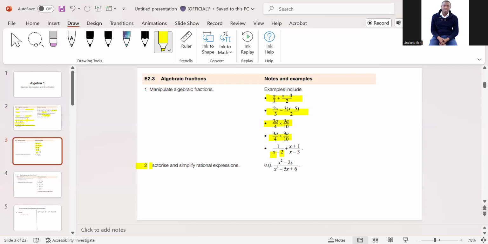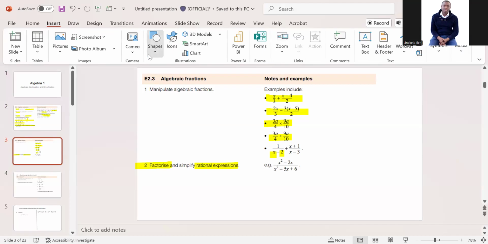I think the one that requires the skills that I just spoke about above is this one, because this one tells you must first factorize, then simplify these rational expressions. Now, these rational expressions usually come with expressions on the numerator and the denominator. So the first thing you've got to do is identify what type of expression you are given as a numerator or denominator.